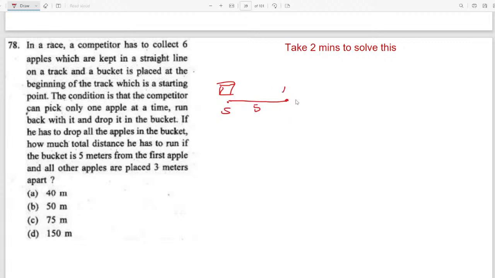This is the first apple. And after that, there are 6 apples, all other apples are placed 3 meters apart. So this will be 3 meters. This second apple, another 3 meters. Third apple, then again 3 meters. Fourth apple, again 3 meters. Fifth apple, then 3 meters, and sixth apple.